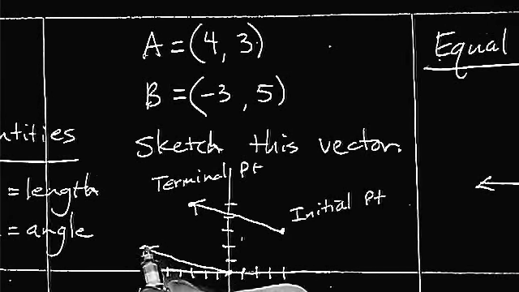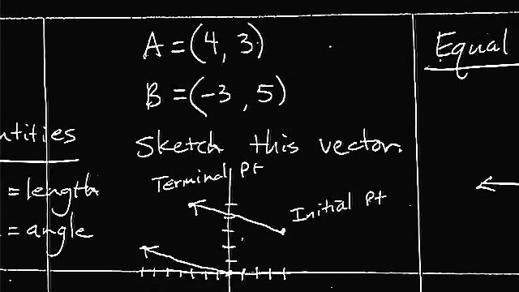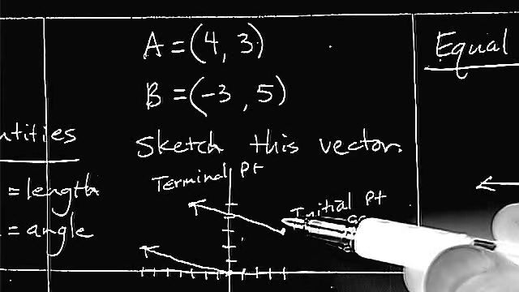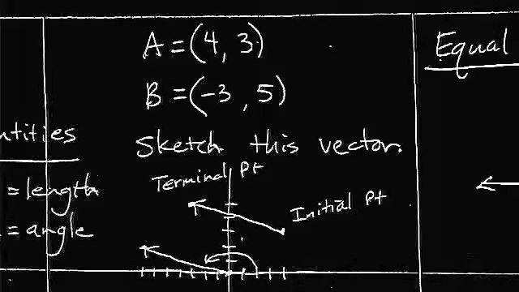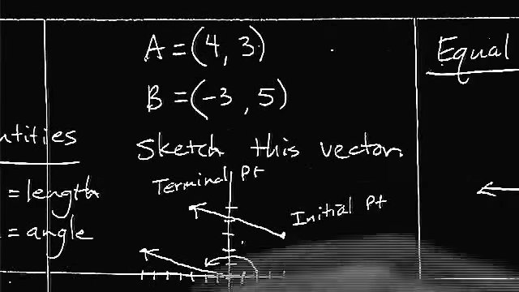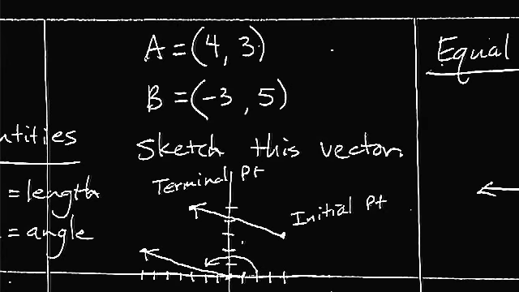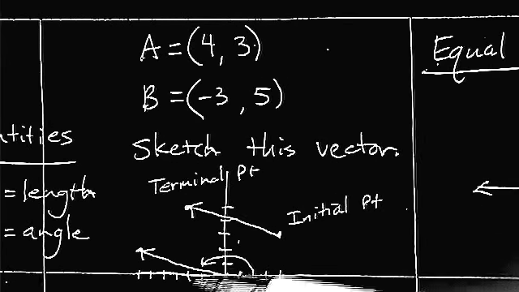This would be an equal vector to the first one. And then we can talk about its magnitude and its direction. But that force doesn't necessarily have to start at the origin, but a lot of times it's easier for us to understand it if we drag it over and put it there.